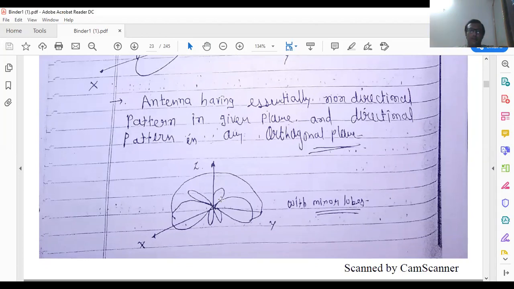And see this perpendicular axis. What is the difference between an omnidirectional antenna and a directional antenna? Directional antenna means what? Power radiates in a specific direction. And omnidirectional antenna.